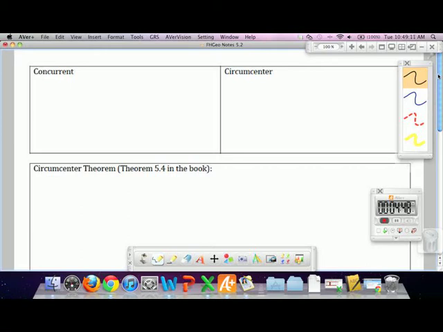Concurrent events. Concurrent objects in geometry are objects that share a point, or more specifically, three or more objects that intersect at the same point.